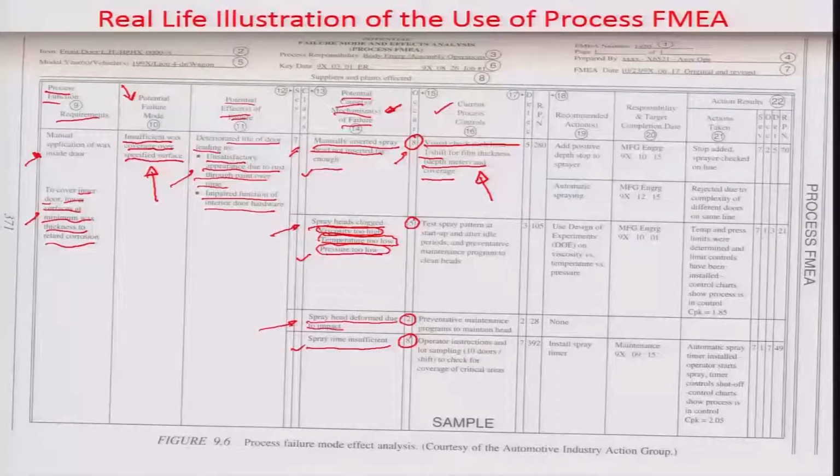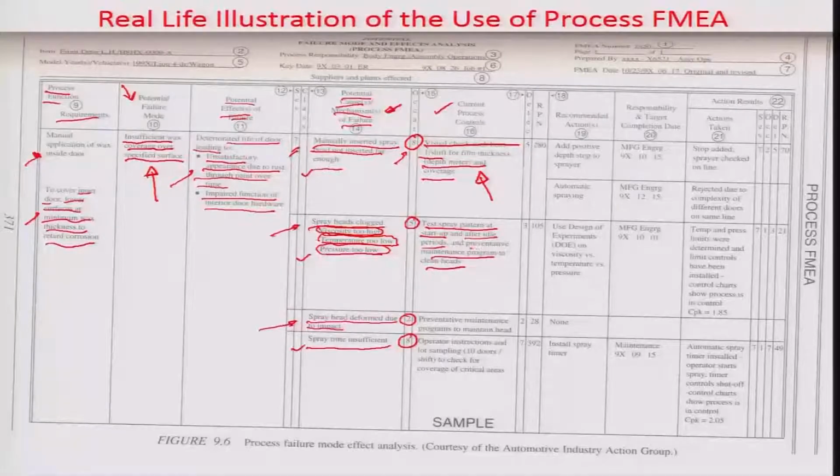Similarly, for the spray head clogged, there is a test spray pattern which is being utilized at the startup and after idle periods. There is always a possibility that the wax being dispensed out of a wax cylinder, which comes from a vendor, may have different parameters like viscosity or temperature or pressure dependence, and it may result in lower flows through the spray heads, and also some remnant wax inside the spray heads may get clogged and make the orifice smaller.